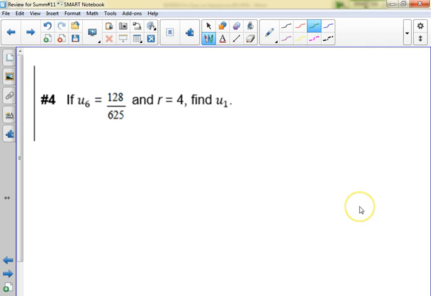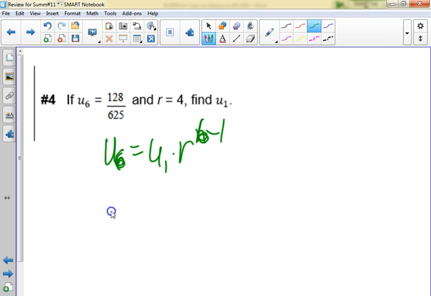Find u sub 1. Anybody got me here? U sub n equals u sub 1 times r to the n minus 1. Well, what do we know? We know the 6th term, we'd have a 6 minus 1 up here.